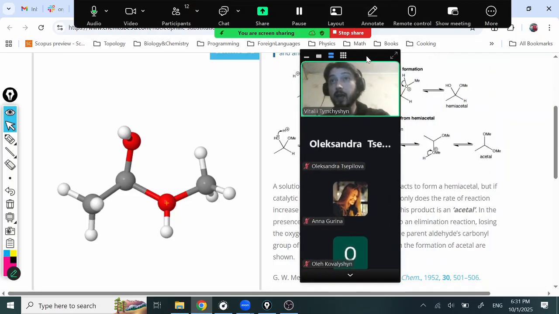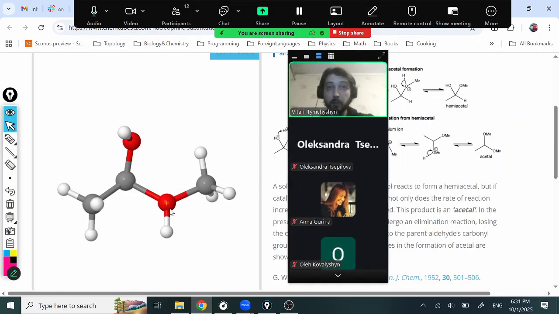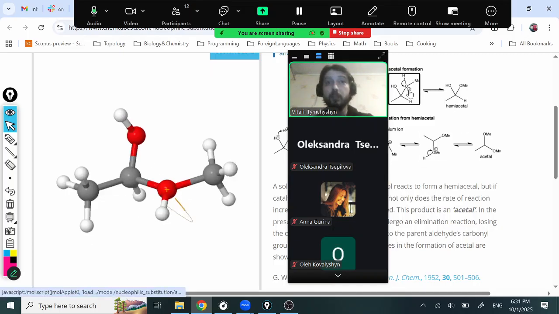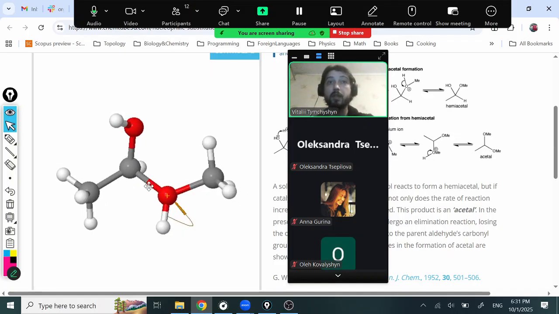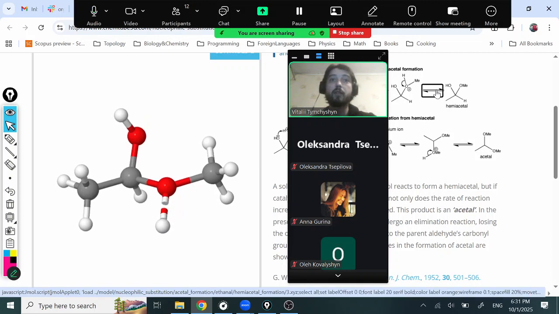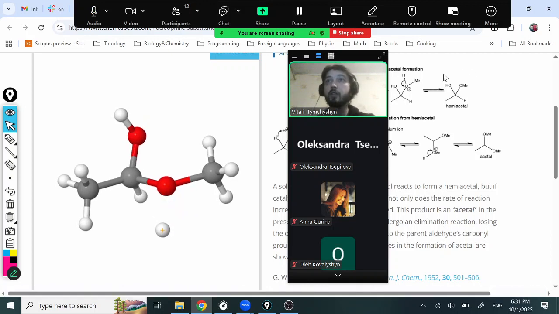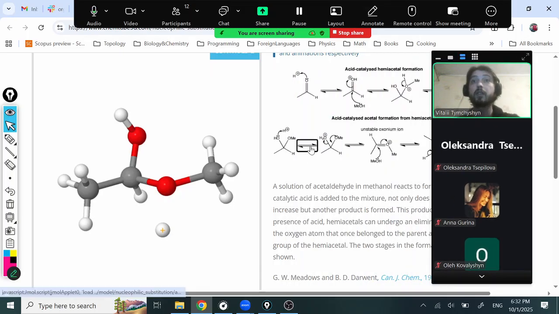And it may happen that this hydrogen is now willing to leave. If we check all the pKa's and so on, it may be a good idea for it to leave. So it will just reject electrons for the sake of the oxygen. This bond will be broken, oxygen will become neutral, and hydrogen just leaves. So here we have it, and here is a hemiacetal that is formed under these conditions.